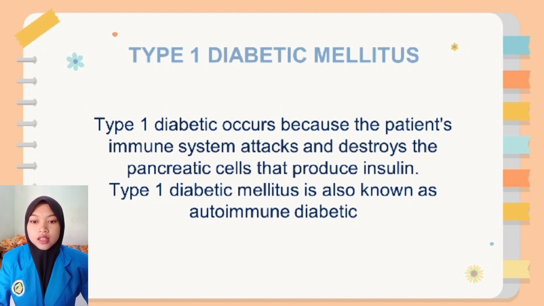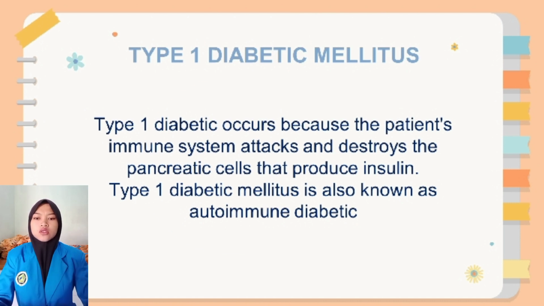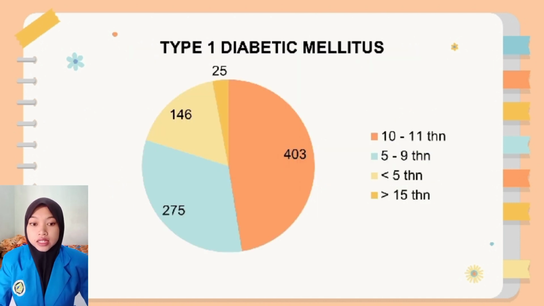In some cases of type 1 diabetes mellitus, diabetes triggers more at the age of 10 to 14 years. That is, it reached 403 cases.